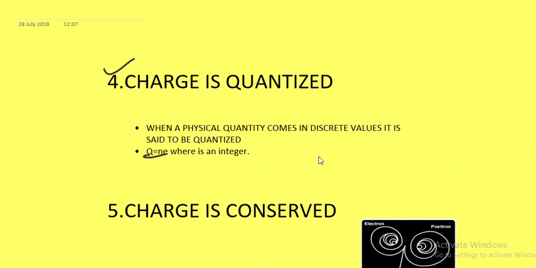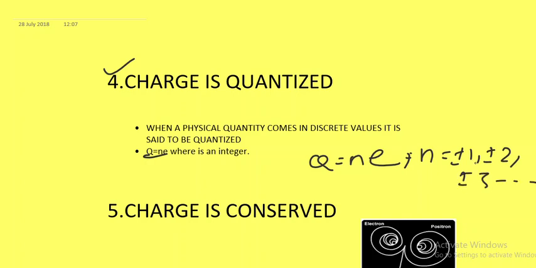Here Q is equal to Ne, where N can be plus or minus 1, plus or minus 2, plus or minus 3, and so on. N can acquire only integer values, that is, the charge on a body can be 2 times the charge on the electron, or 3 times, or the charge of the electron itself, and that's the way it goes.